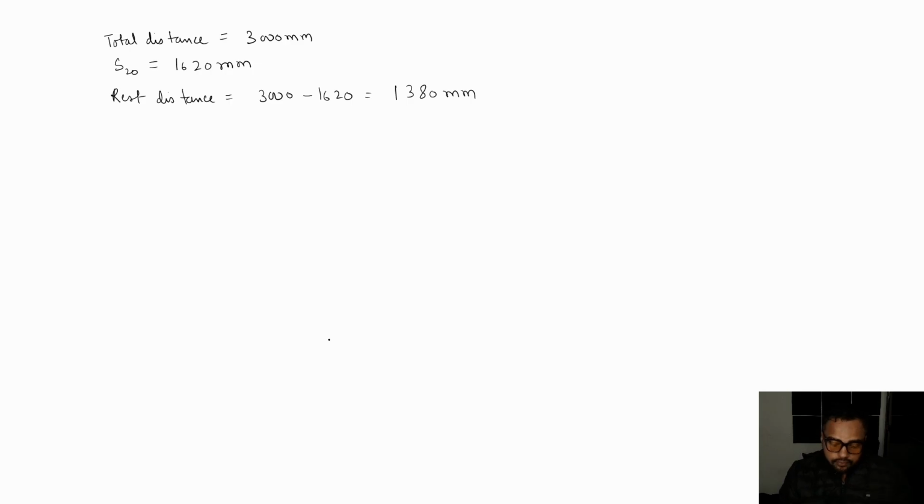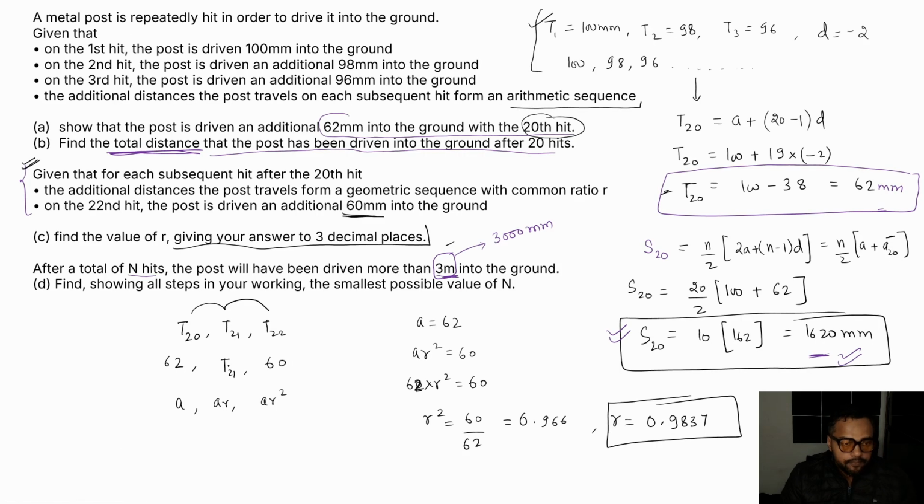Okay, students. Till the 20th hit, it was an arithmetic sequence, but after the 20th hit, in the question they have mentioned that it is forming a geometric sequence. So we need to work out the number of hits.